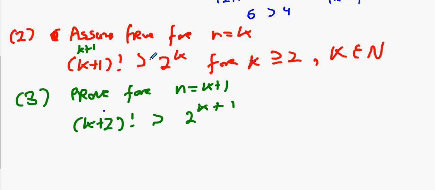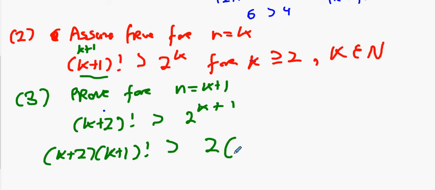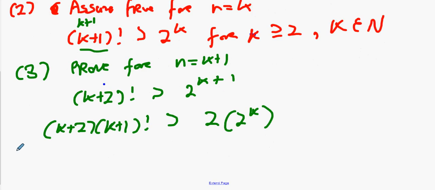In part 2 we had (k plus 1) factorial. So what do you think I'm going to do? What's my move? (k plus 2) bracket (k plus 1) factorial. Excellent. And that's 2 times 2 to the power k, is it? Alright. Now what's my next move, lads? The triple one, isn't it? So what are we going to prove? (k plus 2) by (k plus 1) factorial is bigger than what?